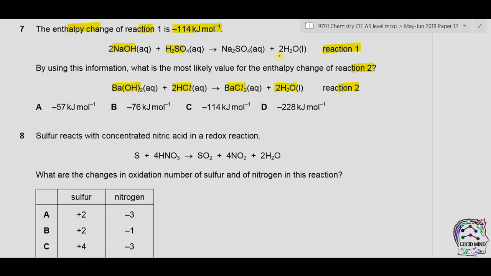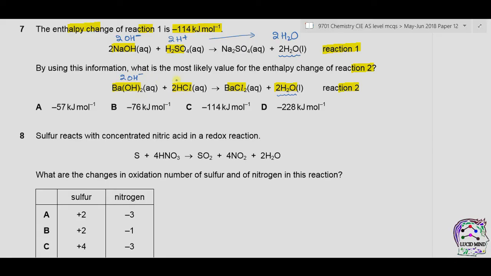So both reaction 1 and reaction 2 are neutralization reactions. In both reactions, we can see that 2 moles of water are being produced upon neutralization. As in NaOH, we have 2 hydroxide ions that combine with 2 H plus ions from sulfuric acid. So it forms 2 water molecules. Similarly, in barium hydroxide, we have 2 hydroxide ions that combine with H plus.